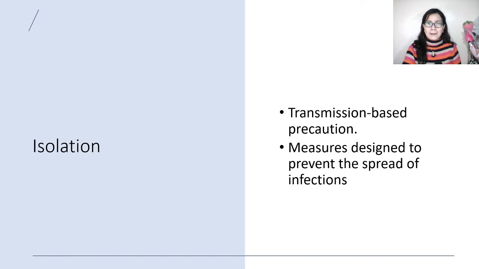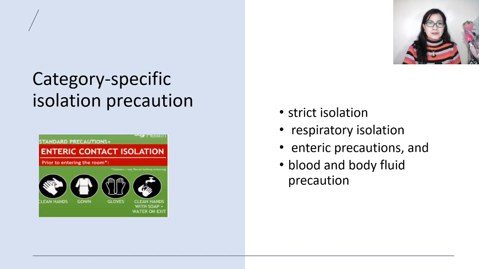For example, in the hospital you have category-specific isolation: strict isolation, respiratory isolation, enteric precautions, and body fluid precautions. Before entering the area, you can see a sign that says you must wash your hands and wear PPEs as well.